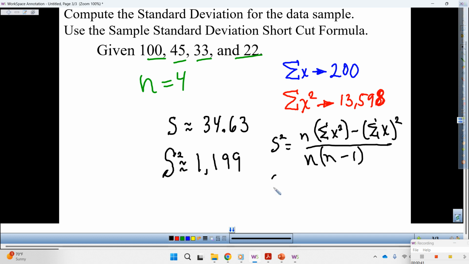So for variance, we got 4 times 13,598, and then we got 200, and then we got 4 times 3, because n minus 1 is 3.